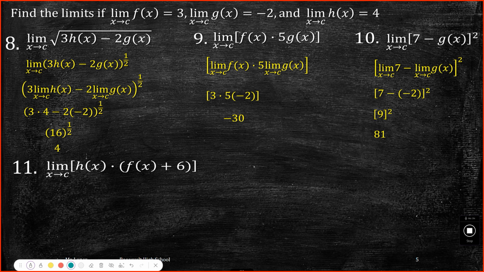Yeah, so you're gonna distribute to each one of these actually. So it is gonna be the limit as x approaches c of h of x times the limit as x approaches c of f of x plus the limit as x approaches c of g of x.